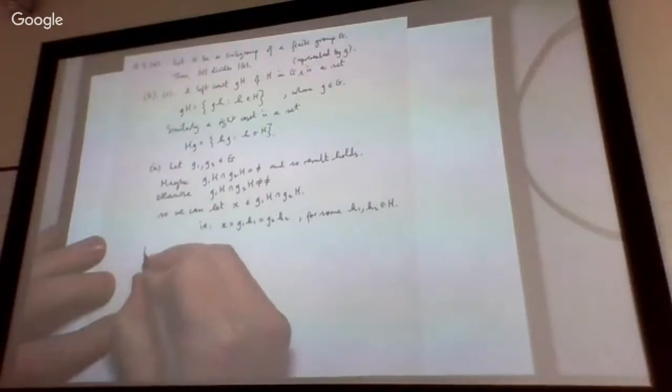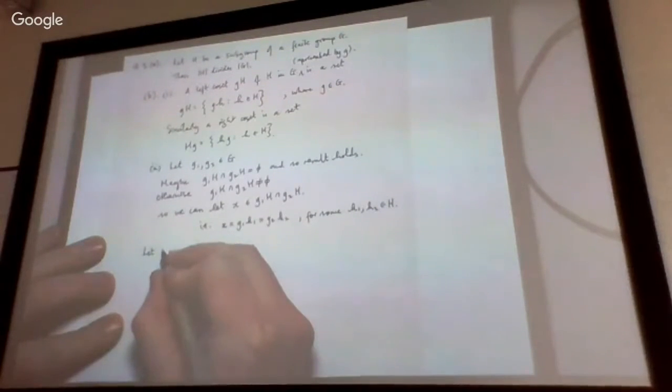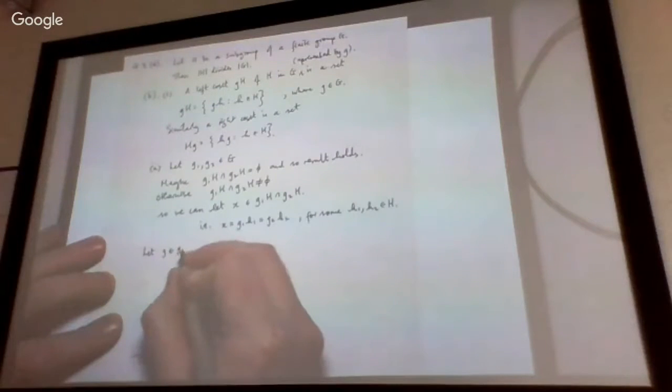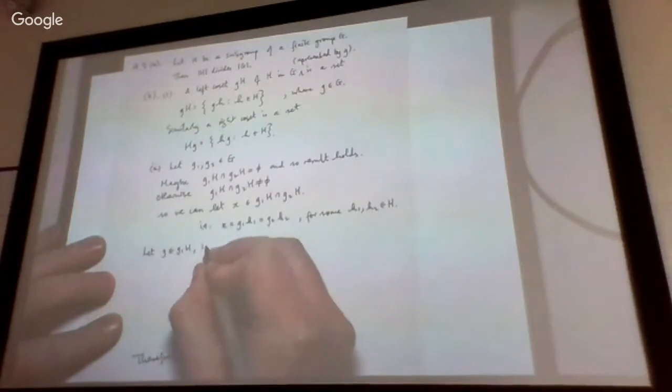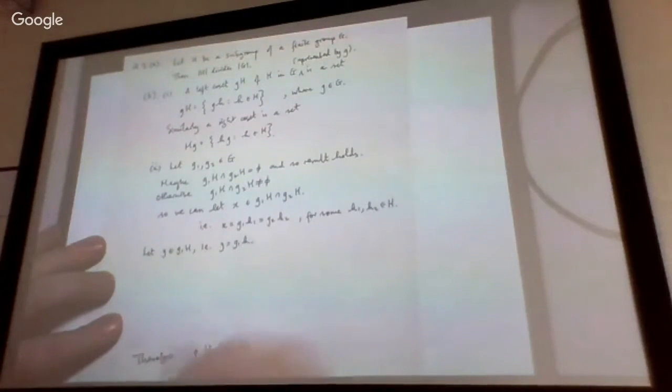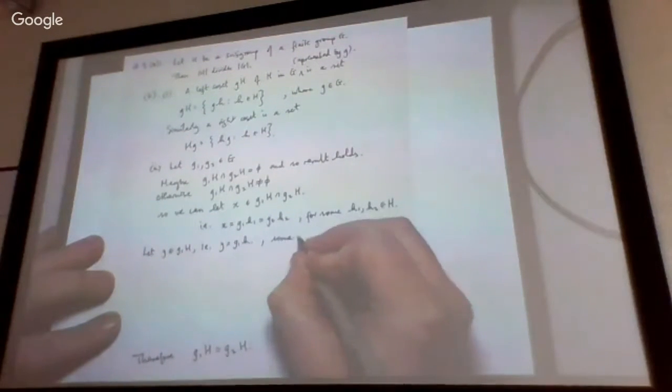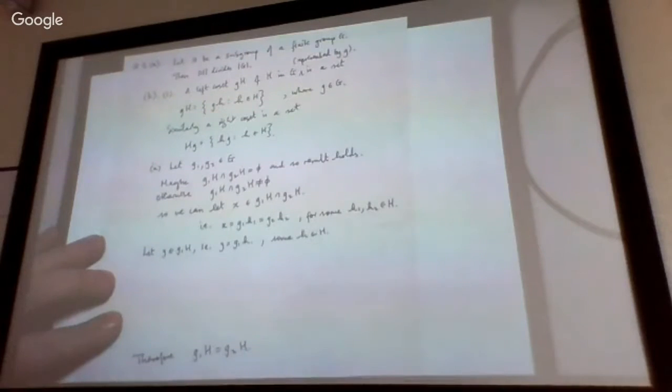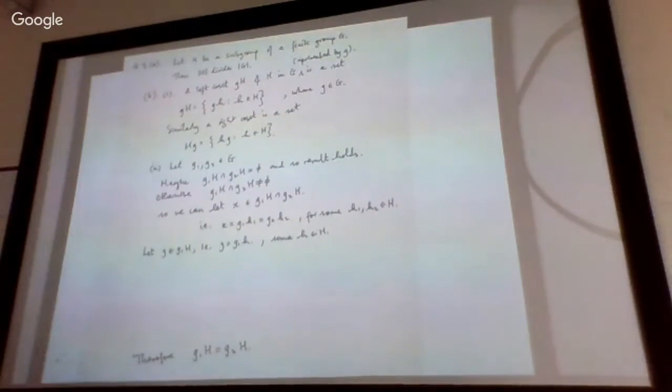Now I'm going to take any element Y in G1H, i.e. Y is equal to G1 h, for some h. And I want to show it's in G2H.